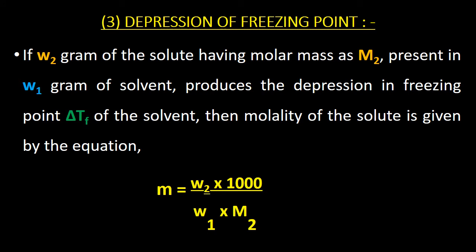The molality of the solute can be calculated using the following expression: small m is equal to W2 into 1000 divided by W1 into M2, where W1 and W2 are the masses of the solvent and solute respectively, and M2 is the molar mass of the solute.